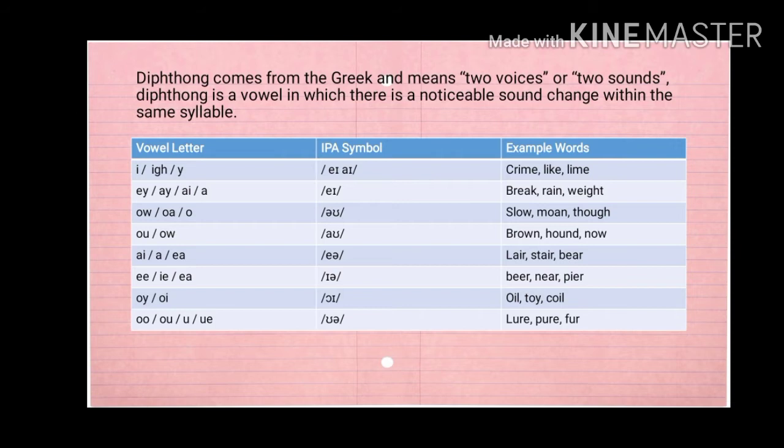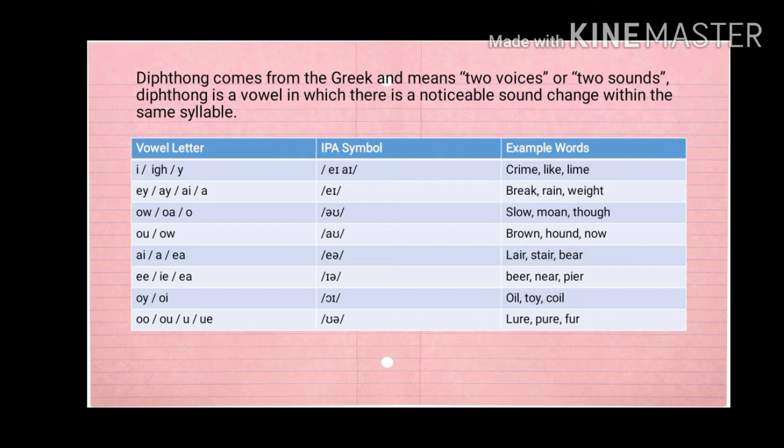The first is A, I. This diphthong creates sounds similar to I and most often occurs with letter combination that include I, and I. For example, cry, like, lie.